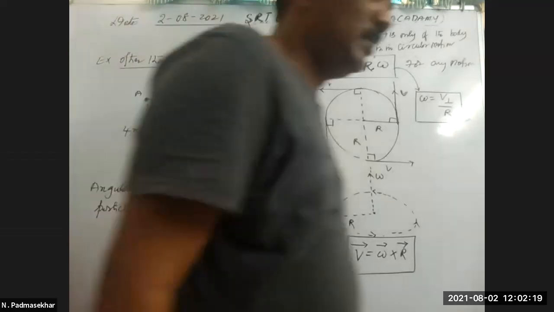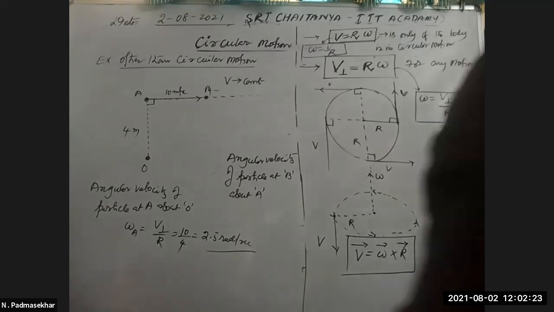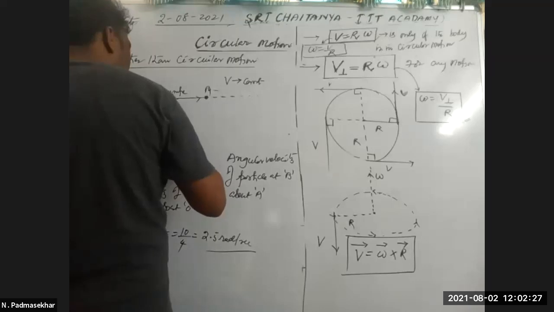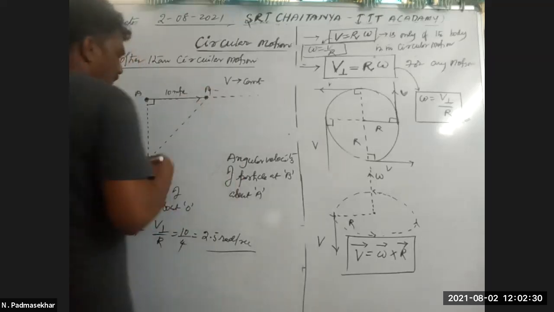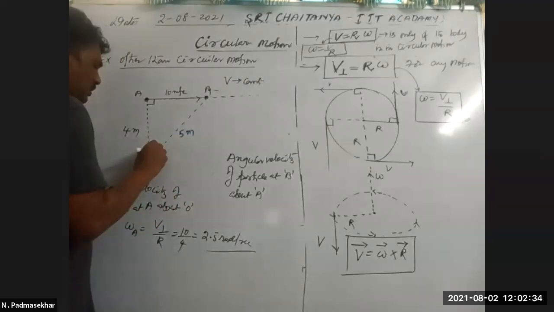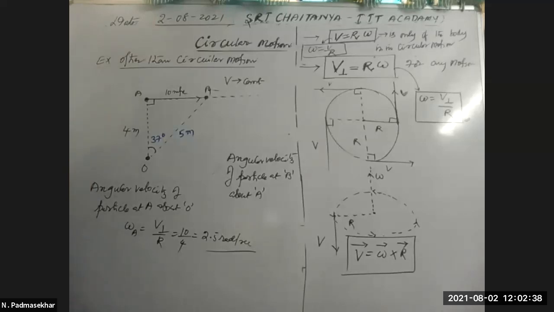And you see here, there is the distance given here, O to B. This is given as 5, suppose 5 meters, and this angle is given 37 degrees.